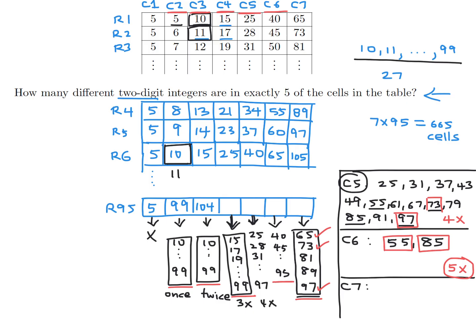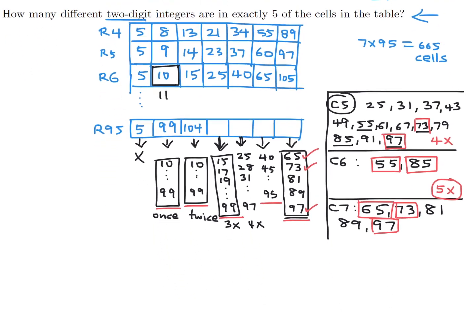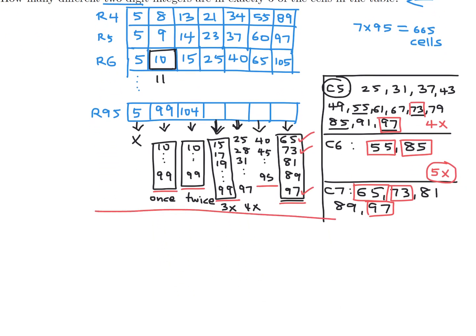Yeah. So I think I got it. 65, 73, 81, 89, 97. And of those, I've got 97, 73, and 65.